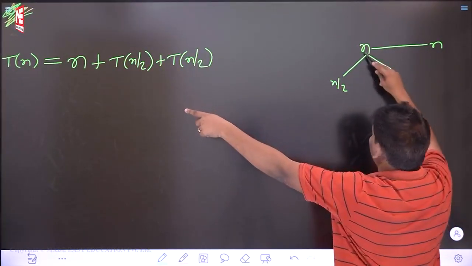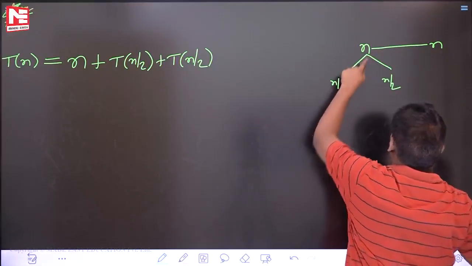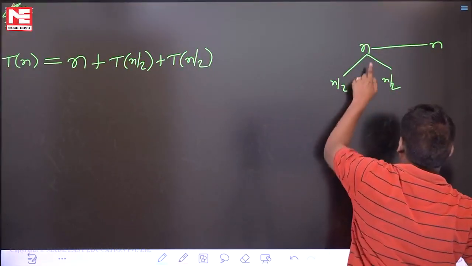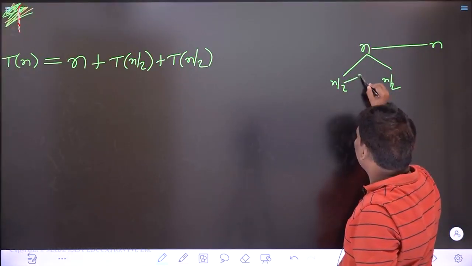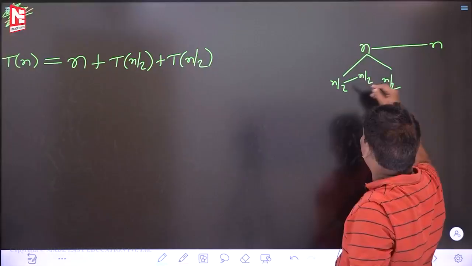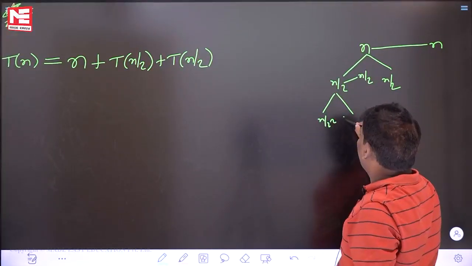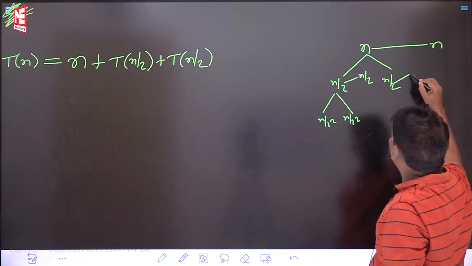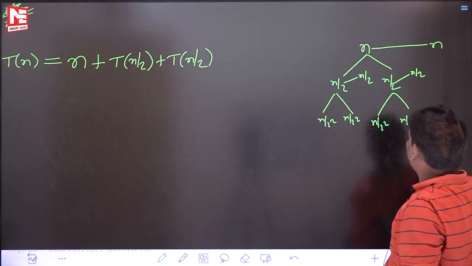The partition algorithm divides n elements into 2 parts, and the division time is n. Similarly, n by 2 elements will take n by 2 time, so it is going to be n by 2 here and n by 2 there, and the same thing again at the next level.